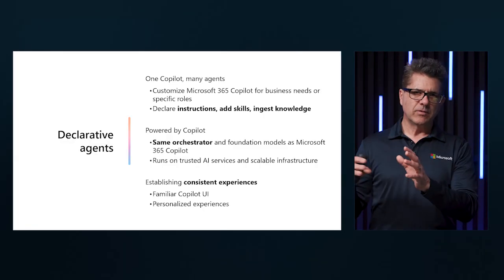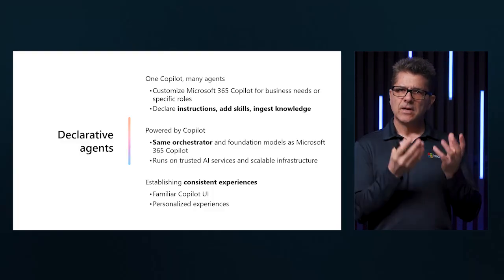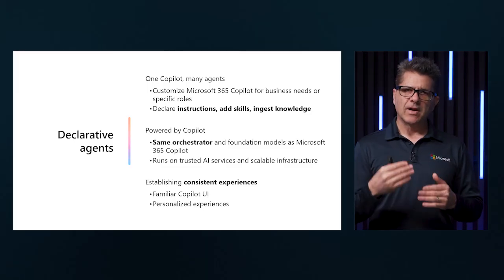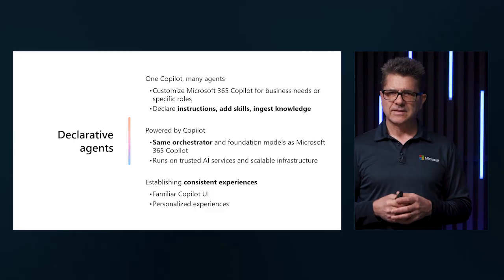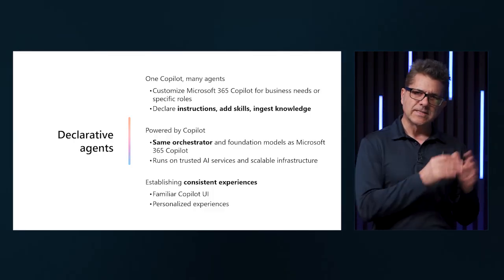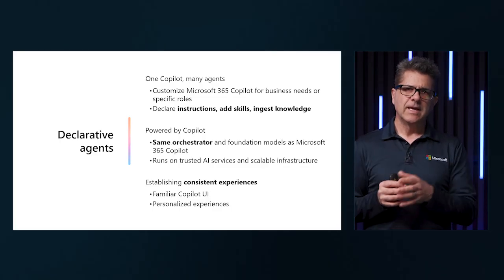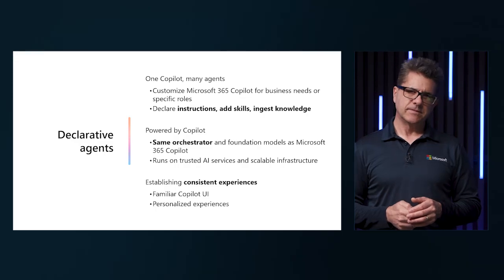No large language model, no configuration. This is going to be as is, but with some customization. These agents provide personalized experiences and automated processes like onboarding and customer issues and so forth. I can simply point to a process or point to content, and the agent is able to reason with that content.